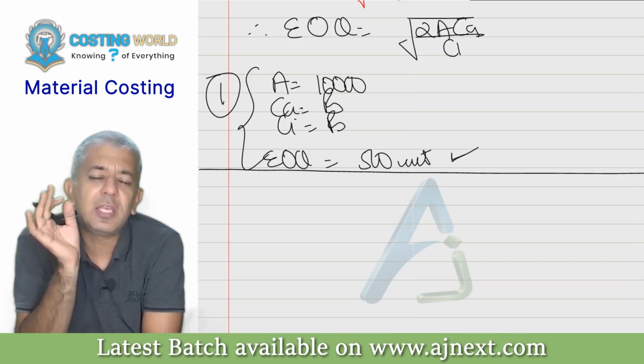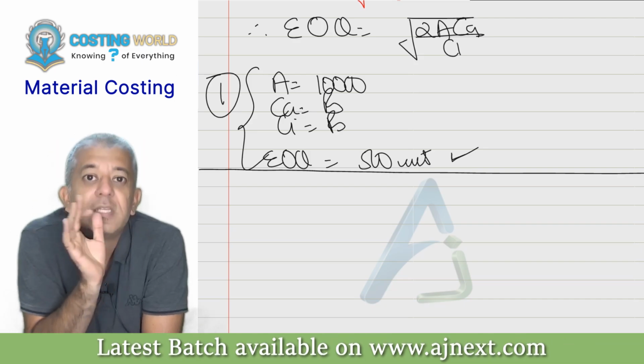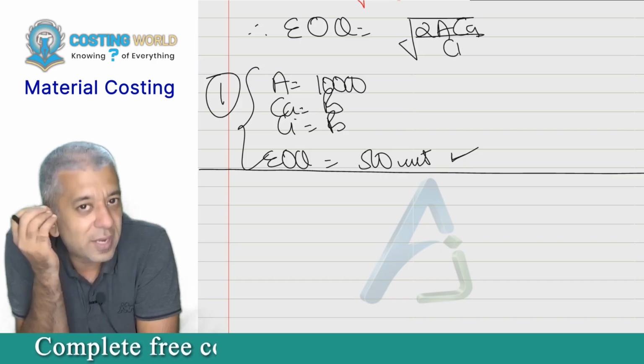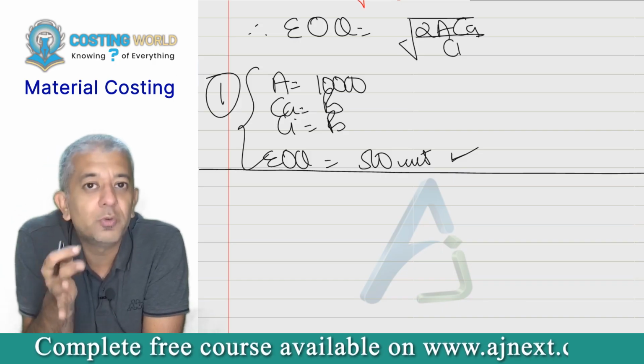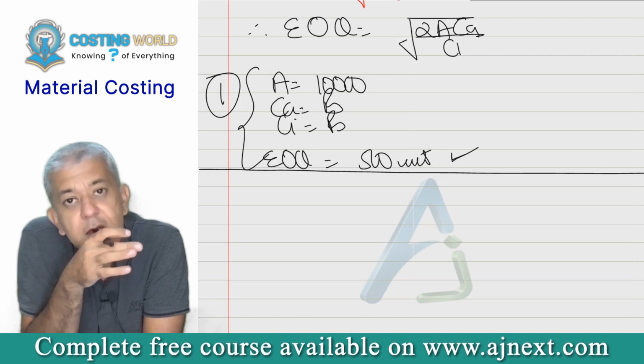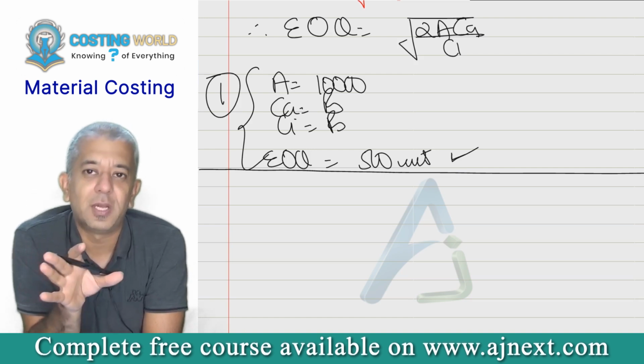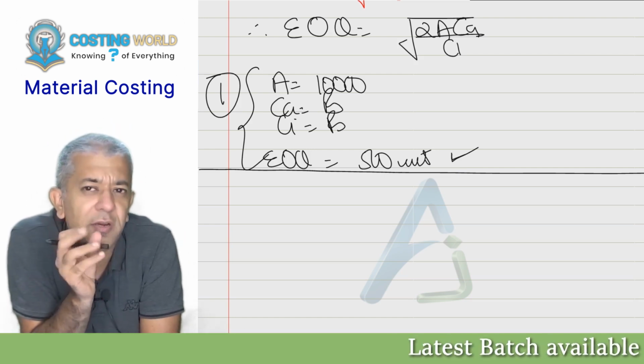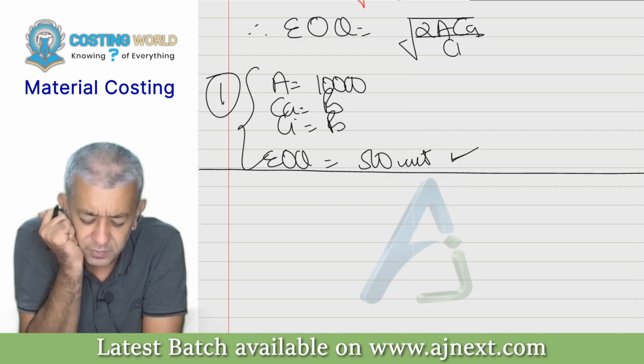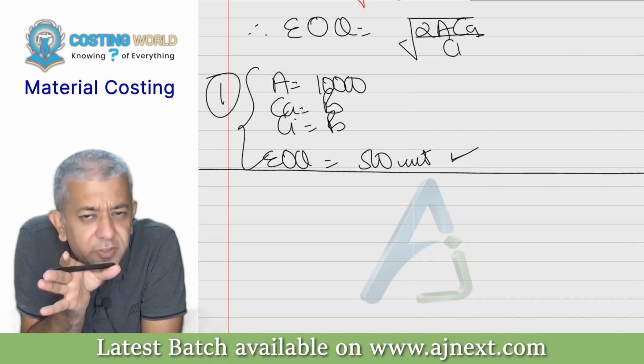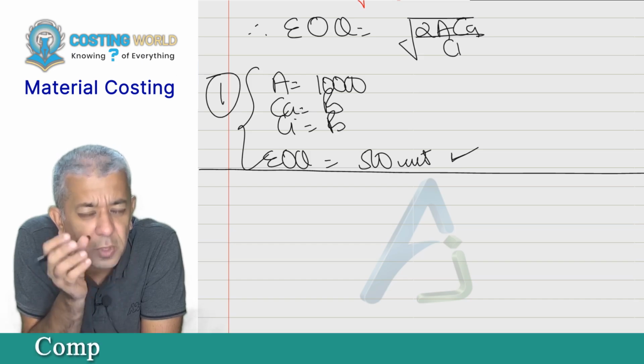You tell him, my EOQ formula says that I have to order 500 units from you at one time. Supplier says, you want 500 units, I will supply, don't irritate me, put down the phone.